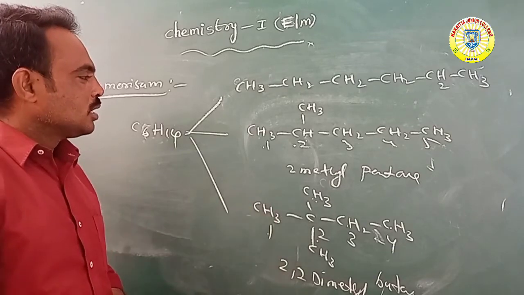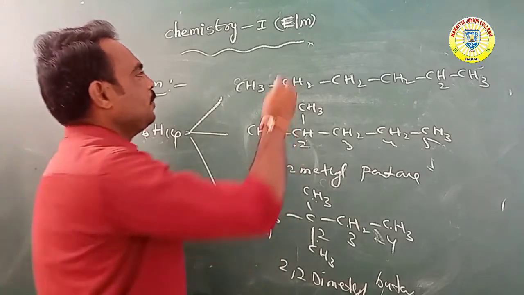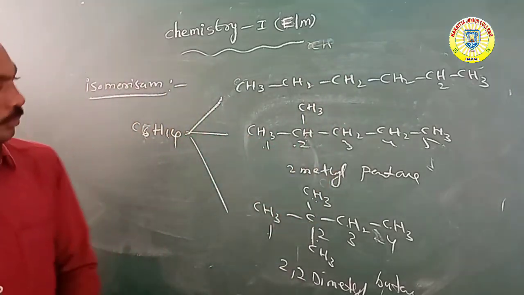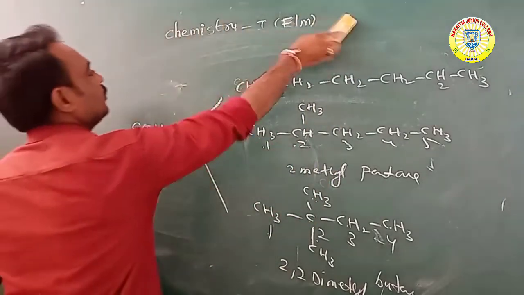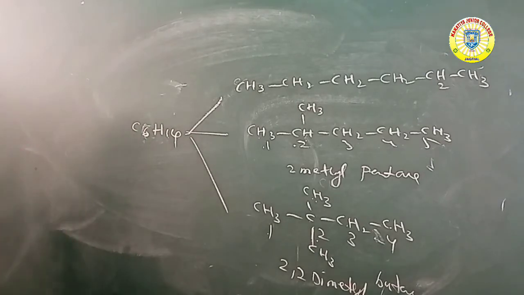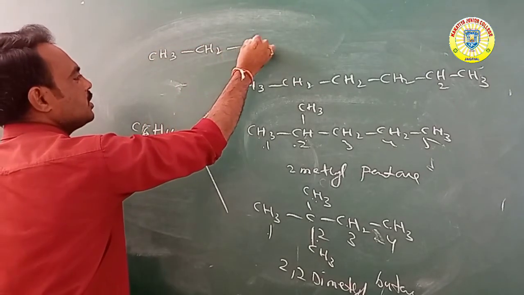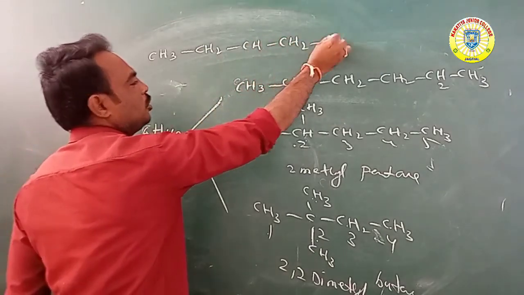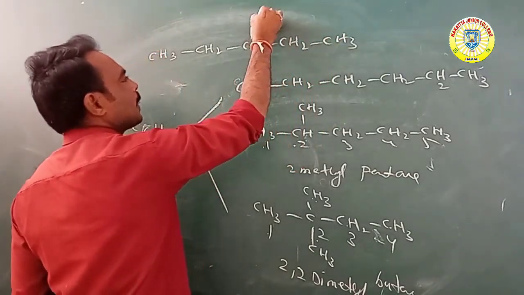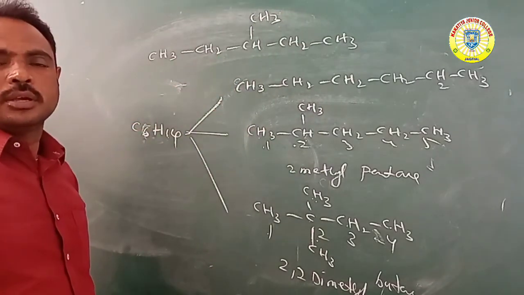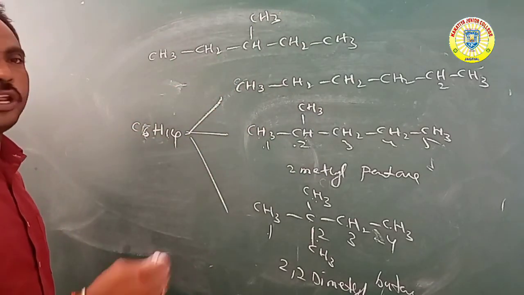Suppose we write another form: CH3 bond CH2 bond CH bond CH2 bond CH3. Overall it is also 6 carbons and 14 hydrogens.